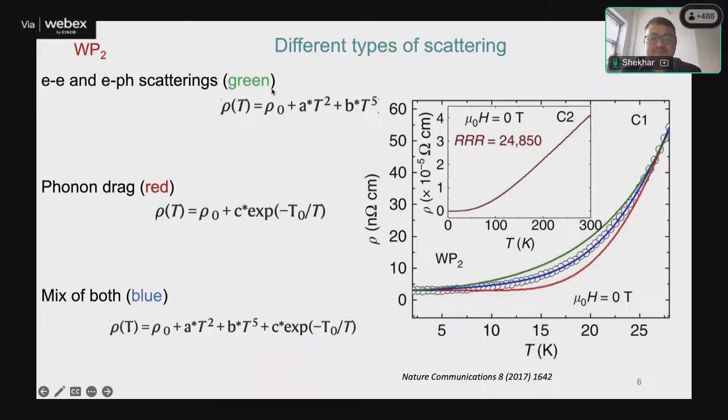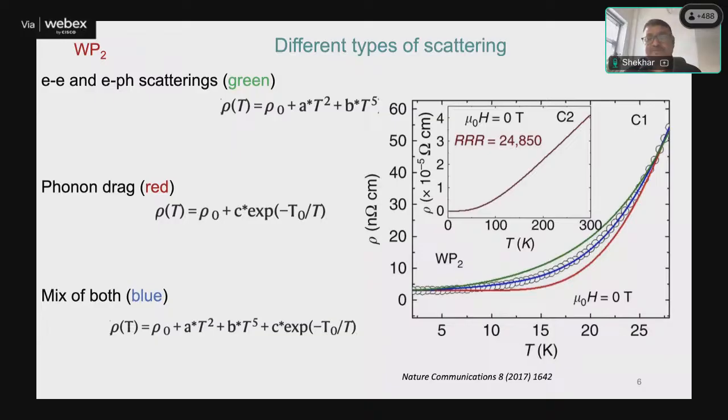This first formula is a very standard formula. Everybody knows that structure. But we have others, which depend on the material, on what type of phenomena is occurring inside. Here in WTe2, we fitted all three formulas. One is electron-phonon scattering, one is phonon drag, and the last one is a combination of both. We can see the blue one is the good fit.